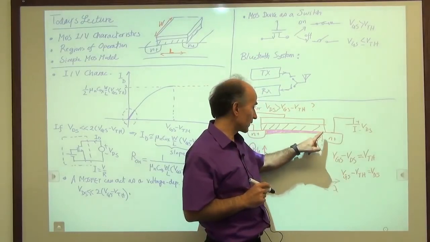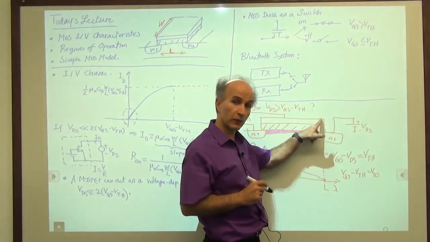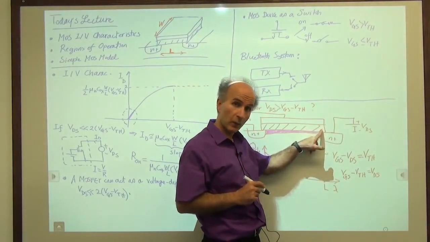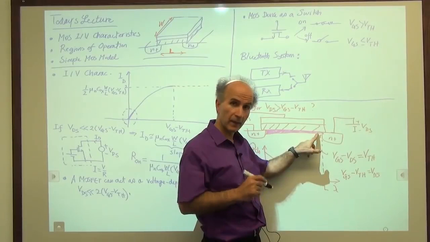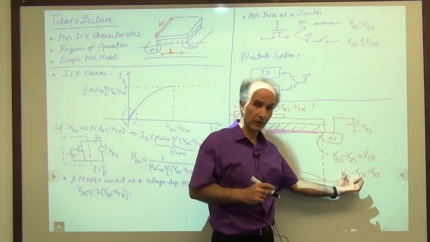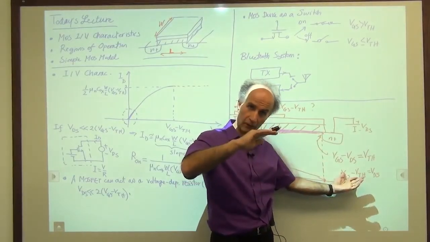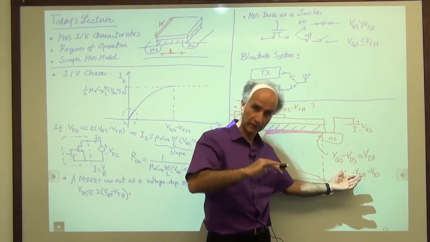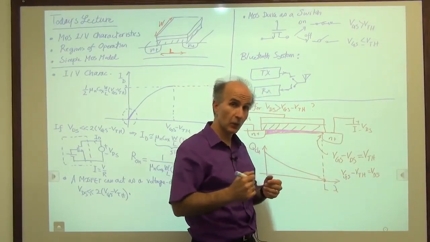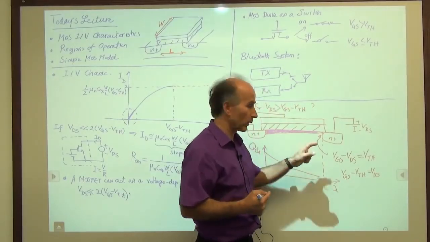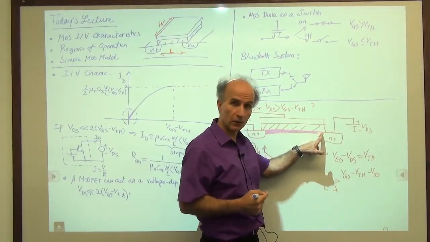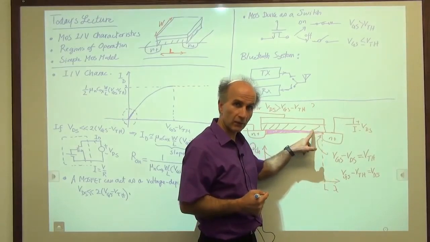Well, it cannot drop to 0 here because this voltage is already too small. So we have to go back a little bit to the point where the voltage difference between this plate and this plate is exactly this much, because that's right at the edge, right where we have a channel or we don't have a channel. So if VDS goes beyond VGS minus VTH, the point at which the charge density goes to 0 is no longer here, it's a little farther back.